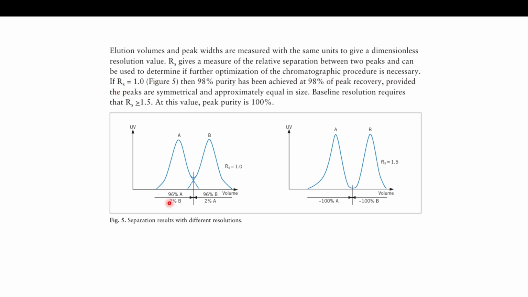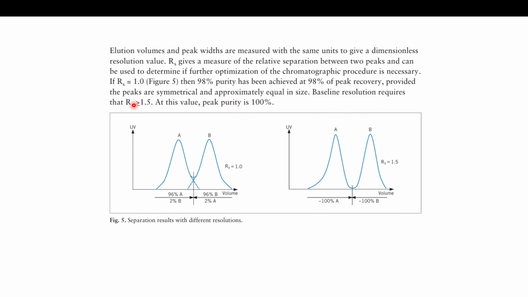Now, if the resolution is 1, then you have about 98% purity and 98% peak recovery, provided the peaks are symmetrical and approximately equal in size, as we see here.